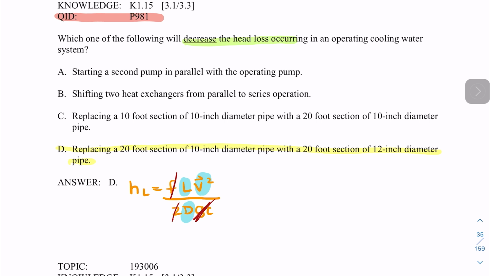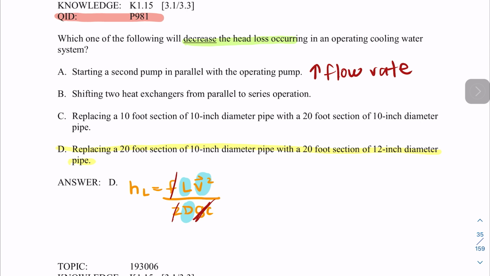Okay, so the first one is saying starting a second pump in parallel with the operating pump. So we have a second pump in parallel. What's going to happen? A second pump in parallel is going to increase the flow rate, right?